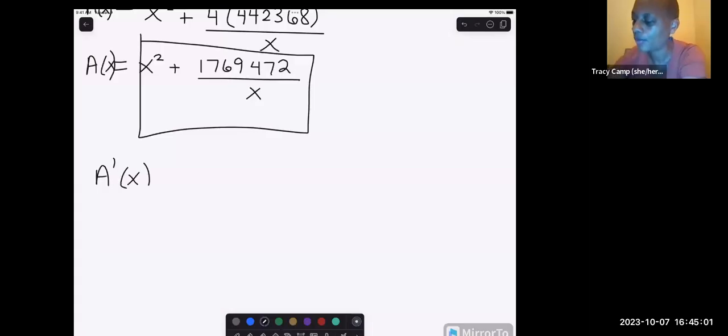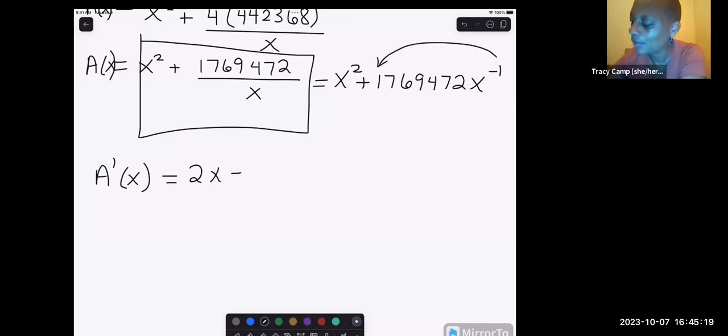So we're going to find our derivative. Recognize that this is x squared plus 1,769,472 times x raised to the power of -1, which will make it easier to find our derivative as 2x minus, because this drops to the front, right?